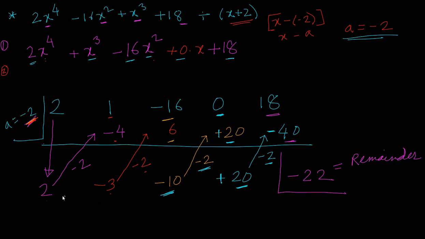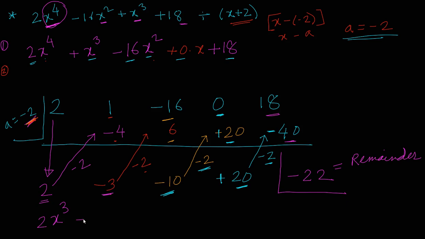Let's see what the quotient is. First of all, what is the highest power of x? The highest power of x in the dividend is x power 4. So in the quotient, the highest power of x will be x cube. What is the coefficient? The coefficient will be 2. What is the next coefficient?